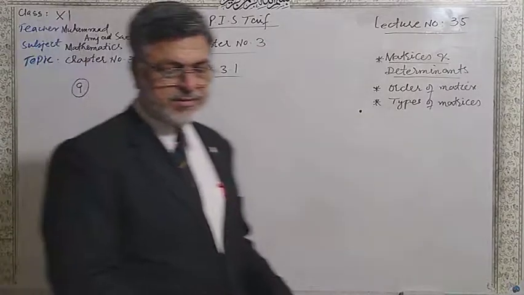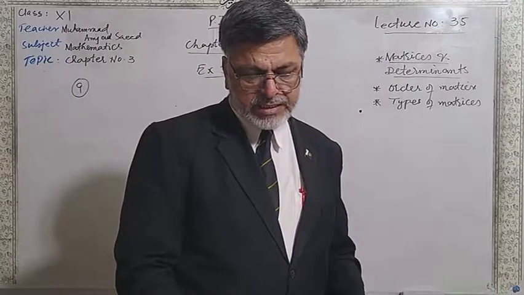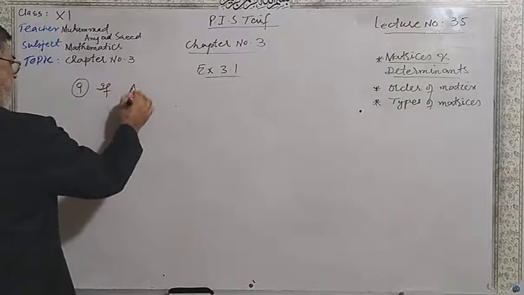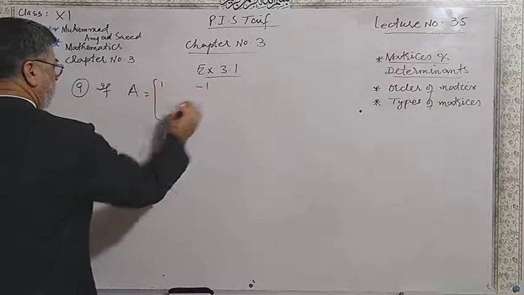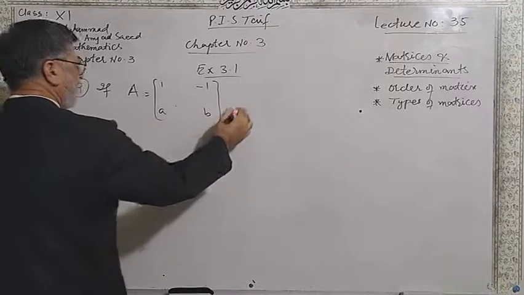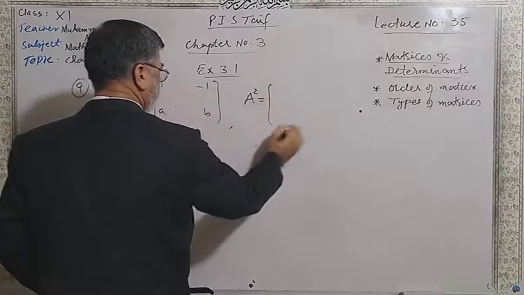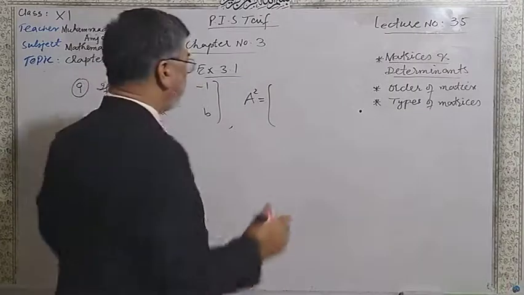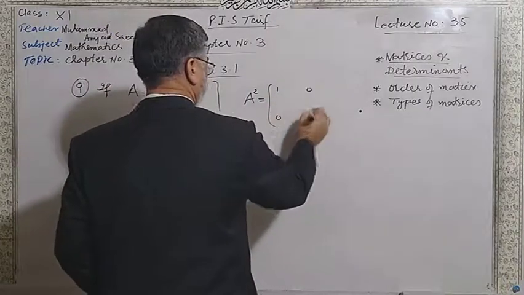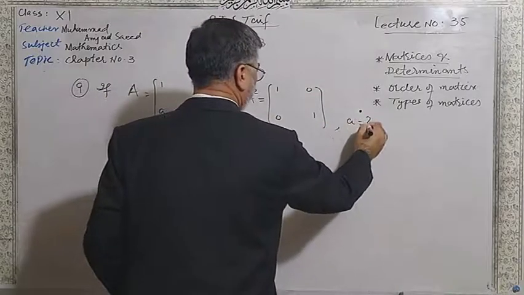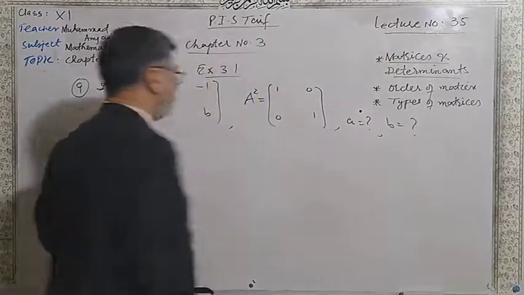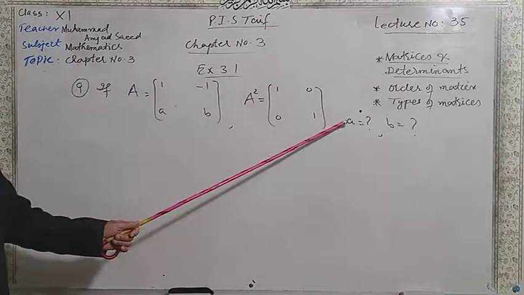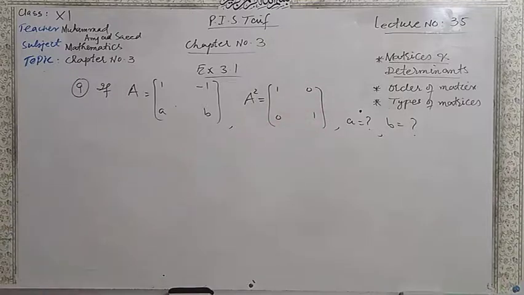Question number 9 is: if A is equal to 1, minus 1, A, B, and A square is equal to 1, 0, 0, 1, then find A and B. This is the question. If A is equal to this, and A square is equal to this, find A and B.